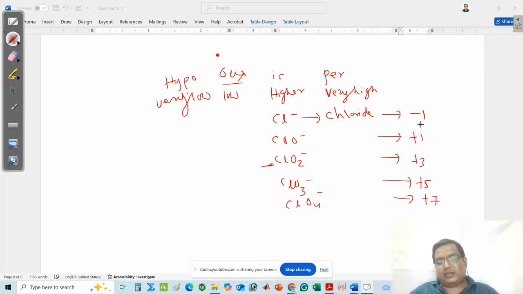Keep away from Cl minus, which is a chloride, no doubt. If you think about the general oxidation, this is low, this is high, then this is very high, and this is very low.